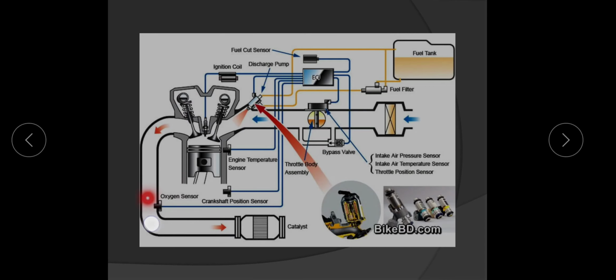The exhaust manifold contains an oxygen sensor, and the oxygen sensor is directly connected to the ECU for an input. The crankshaft position sensor is also placed in the crankshaft for an input process, and then the catalytic converter converts the exhaust flue gas molecules into separate molecules.